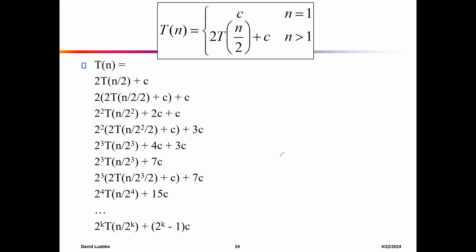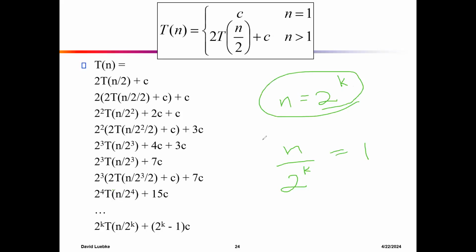We will reach a point when n is equal to 2 to the power of k. See it? So n over 2 to the power of k will be equal to 1 if this is the case. If they're the same, then a number divided by itself will be equal to 1.